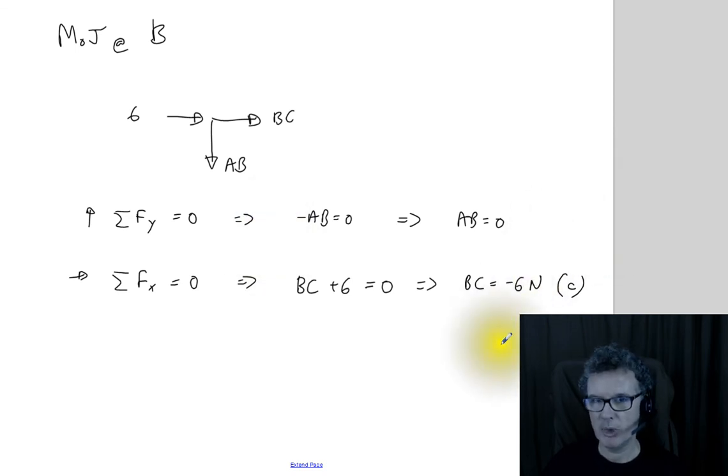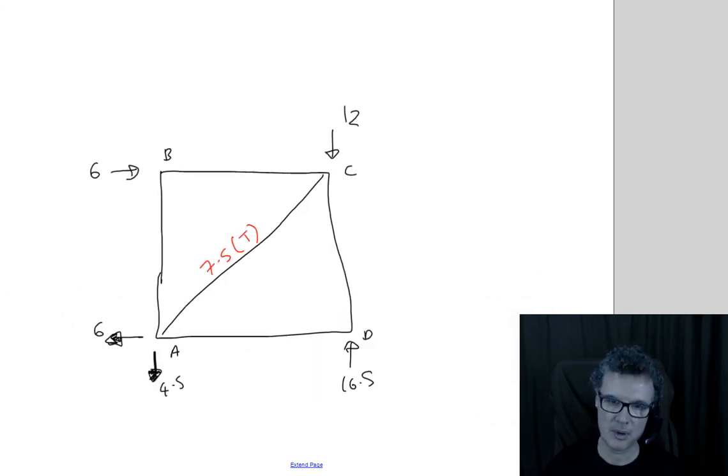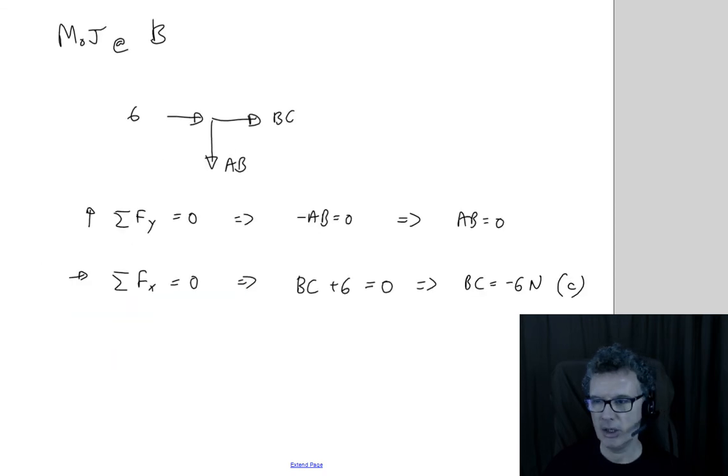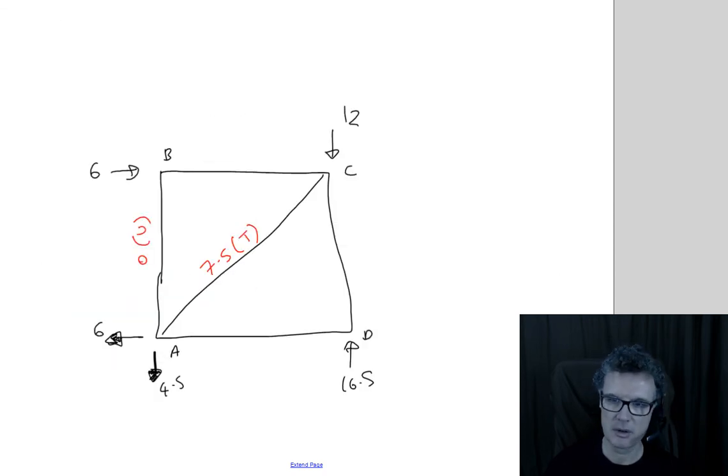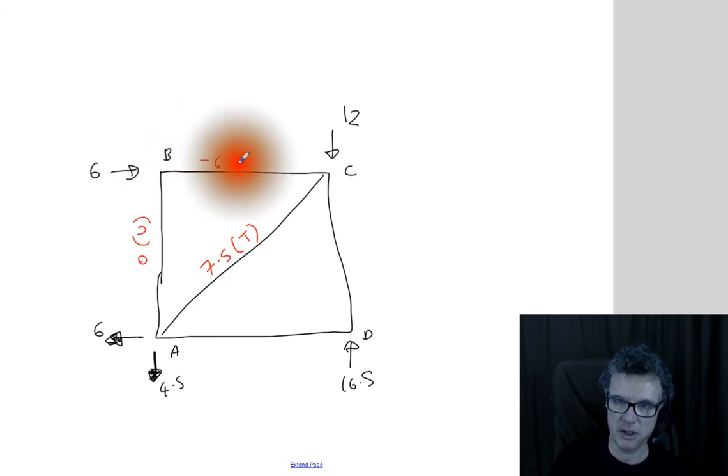Here at point B, I found that AB was 0 and BC was -6 in compression. So AB is 0. For that we can write undetermined or put a U. And BC was -6, so we've got -6 in compression.